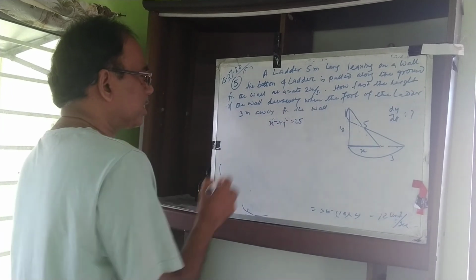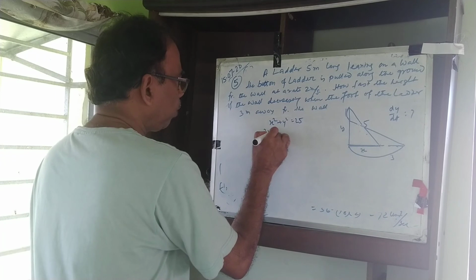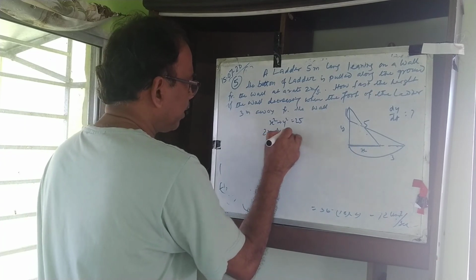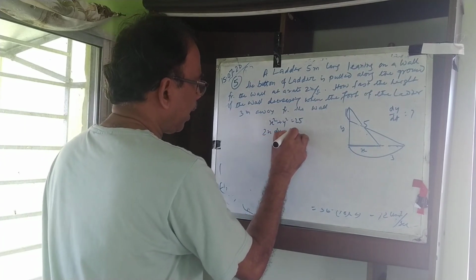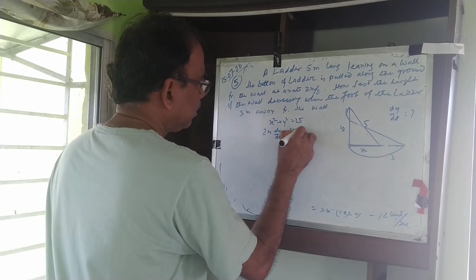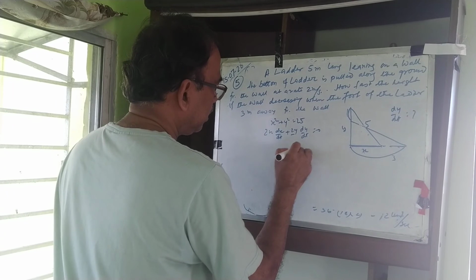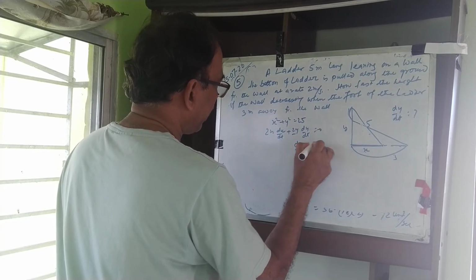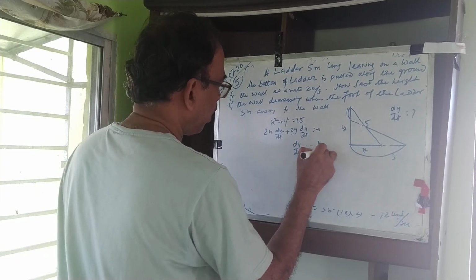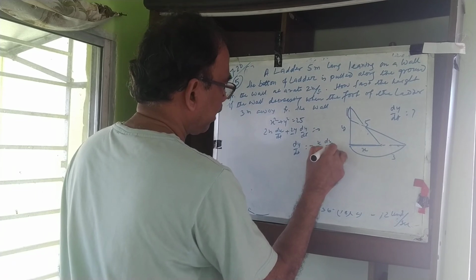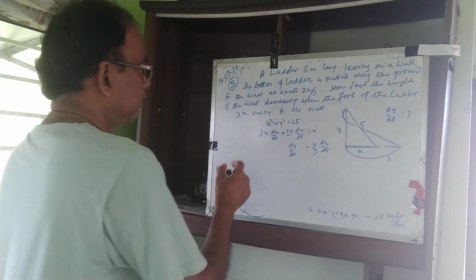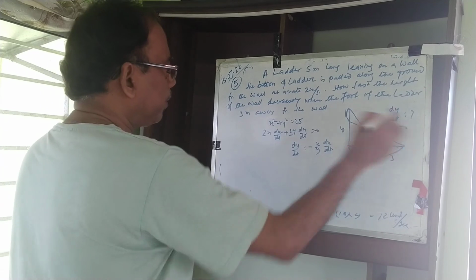Now differentiating with respect to t: 2x dx by dt plus 2y dy by dt equals 0. Then dy by dt equals minus x by y dx by dt. You have to find dy by dt.